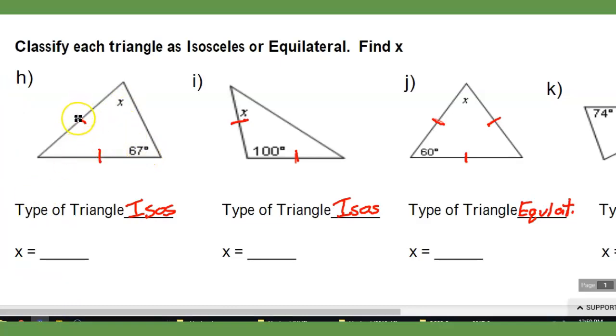So if across from this congruent side is 67, across from this congruent side is also 67. Across from this congruent side is angle X here, so is this. This is also angle X. We can do what we did above, 2 times the base angles plus the vertex angle is 180.